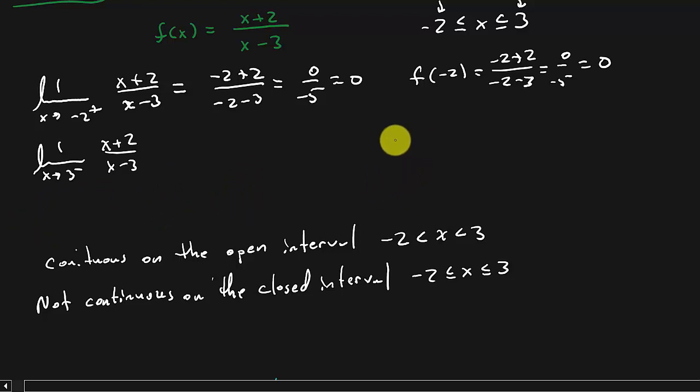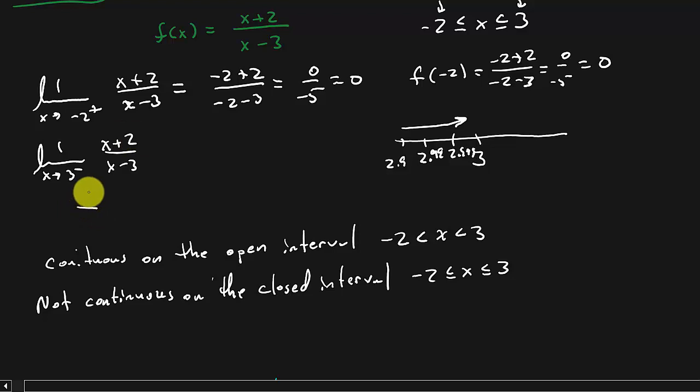If we have 3, and we're coming in from the left, remember, that's like 2.9, 2.99, 2.999, and so on. So basically, if we plug in the 2.9, the 2.99, and so on, we're going to have some number.